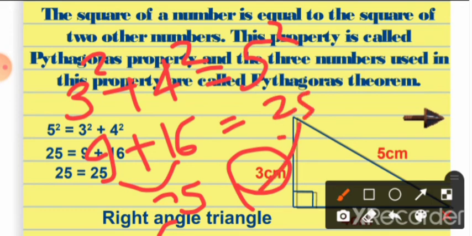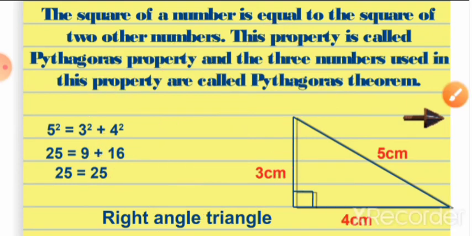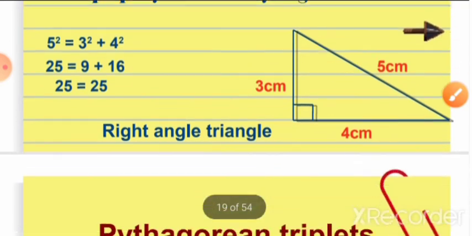It means both are equal, LHS is equal to RHS. Okay, the concept of the Pythagoras theorem is clear.